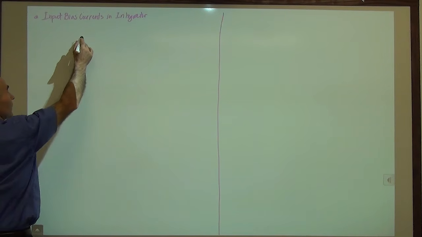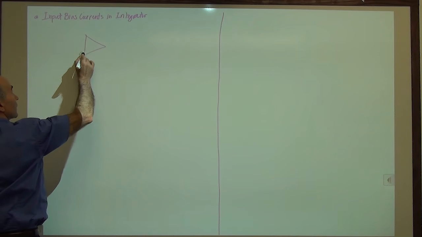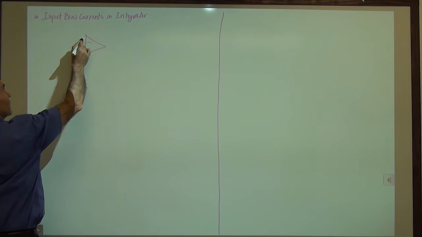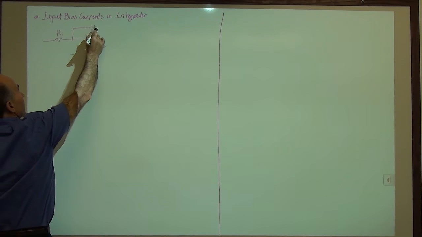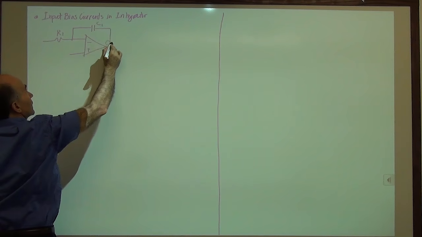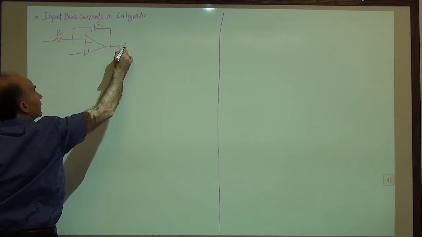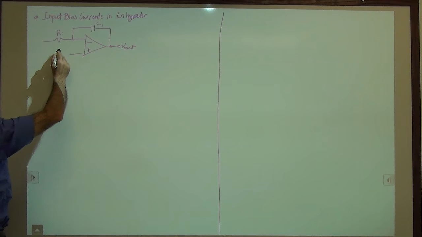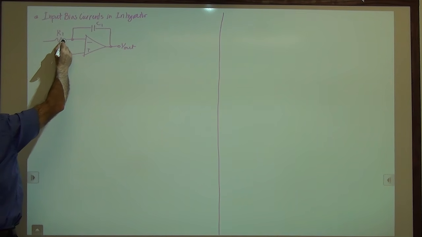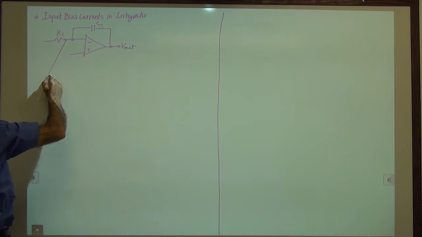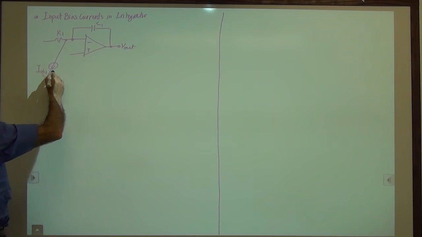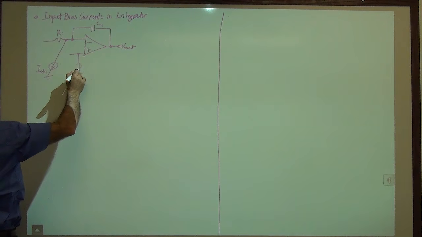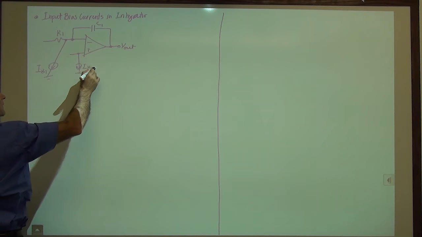Okay, so no problem. We'll draw the circuit like this. That's our integrator. We have a feedback capacitor, C1. We have the out. Then we have a bias current from here to ground, which we call IB1. Another bias current from here to ground, which we call IB2.